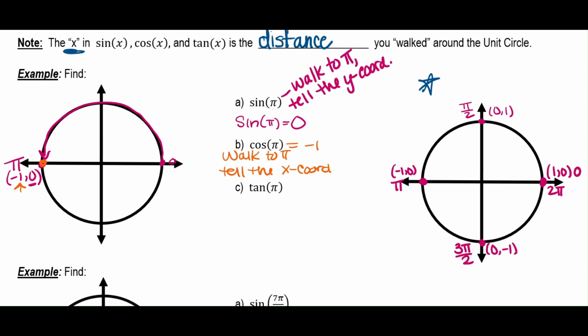And now tangent of pi is going to be sine of pi divided by cosine of pi. Well, we just did that. So if we look up, we know that sine of pi was 0, cosine of pi was negative 1, and you don't leave it like that. What is 0 divided by negative 1? Well, that's just 0. So then tangent of pi is 0.